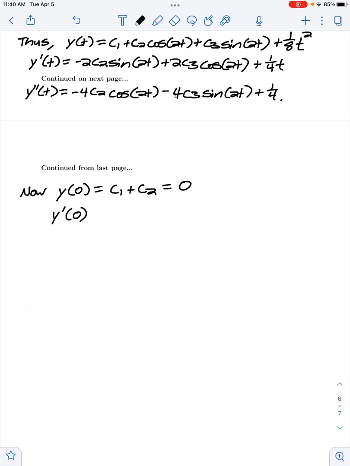Y prime at t equals 0 gives us 2c3, which we were told must be equal to 0. And then lastly, for our second derivative, y double prime at t equals 0, we're left with a negative 4c2 plus 1/4, which we were told must be equal to 1.